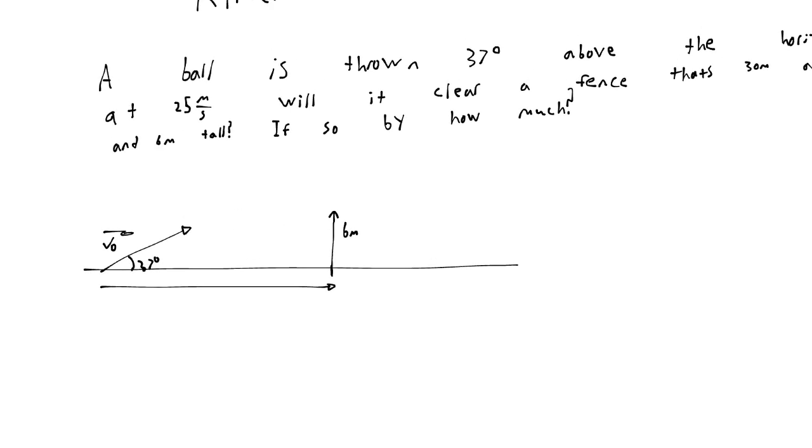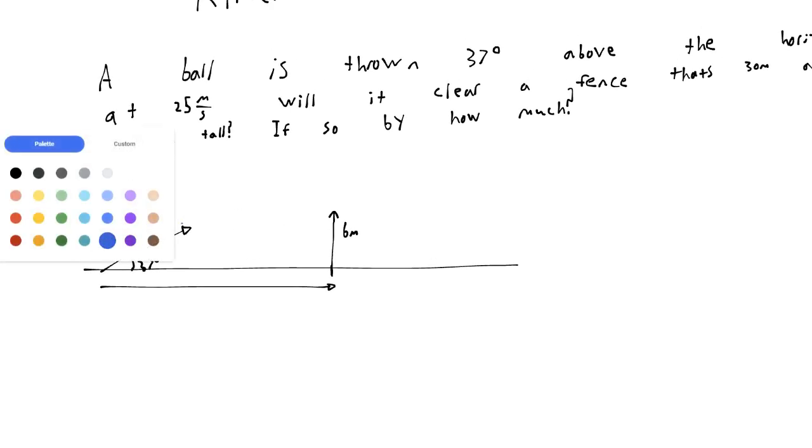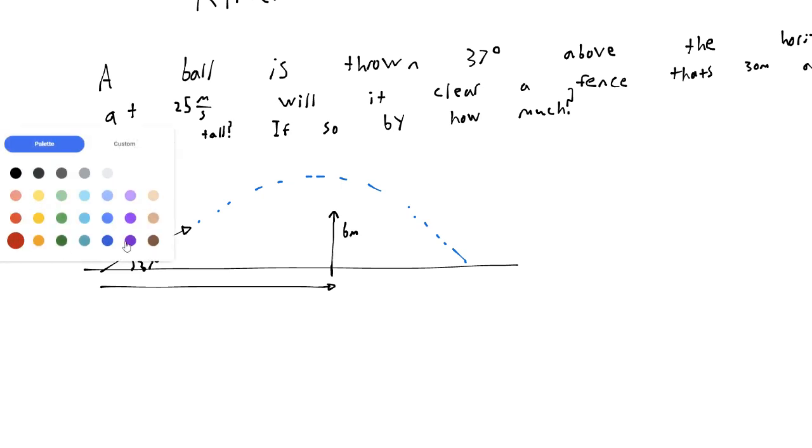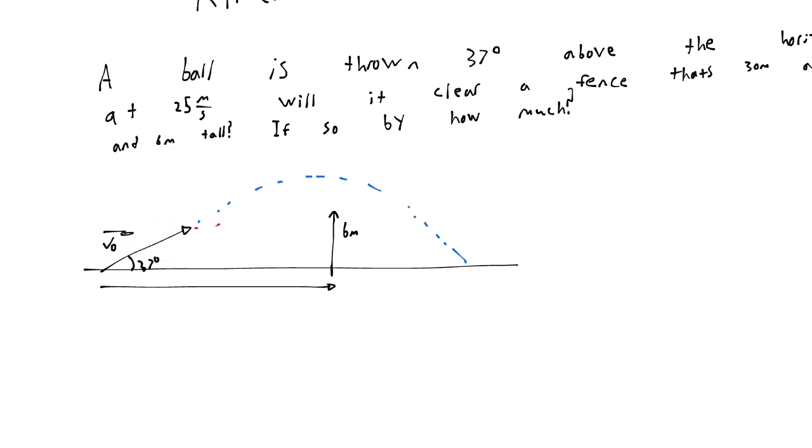Now there's two possibilities. I'll draw in blue possibility 1, where it comes up like this and then goes down like that. Or there's possibility 2, where it goes something like this, and it won't clear the fence.